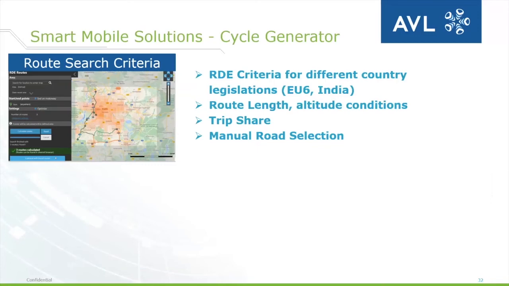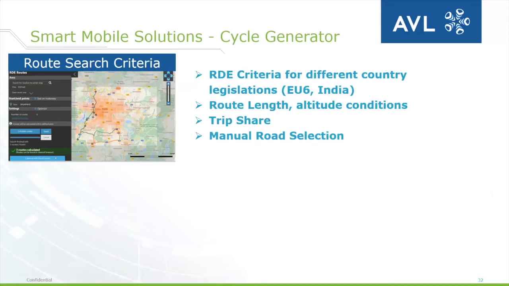Besides the RDE specific route selection criteria, the user can also define specific KPIs in terms of route length and altitude conditions to customize the search criteria. In this case, different trip share conditions of urban, rural, or highway can be selected. And it's not limited to automatic search criteria.